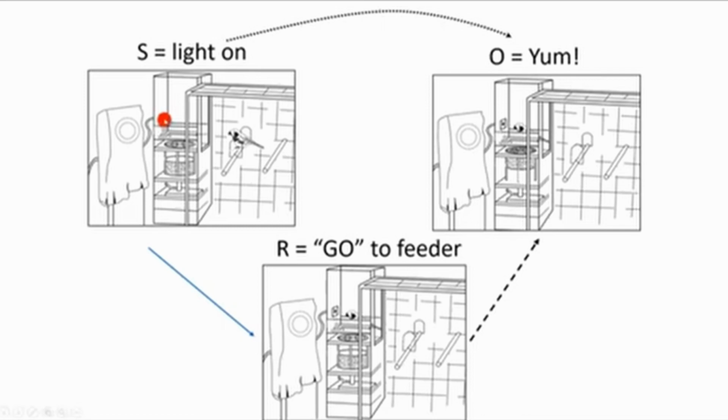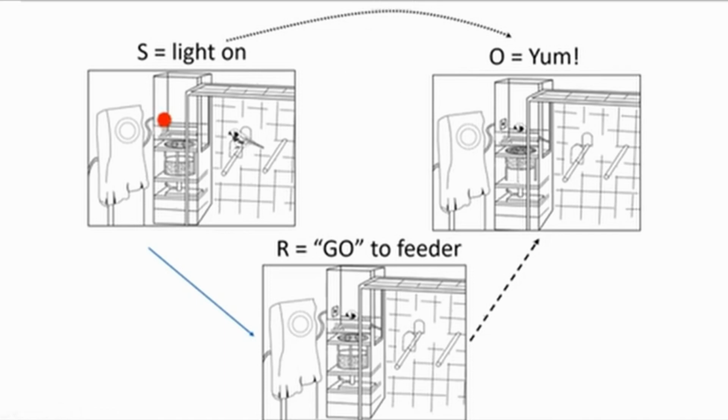And here we have a red light, and in this instance, our red light is our S. That's our stimulus context, where the light is on. The outcome, if the bird makes a particular response by going to the feeder while that light is on, is that the food cup will rise and the bird gets access to food.